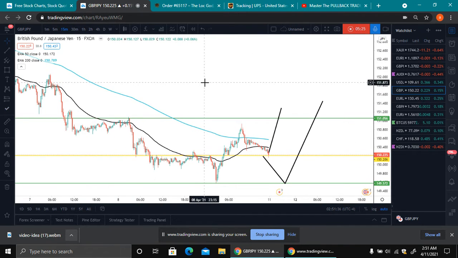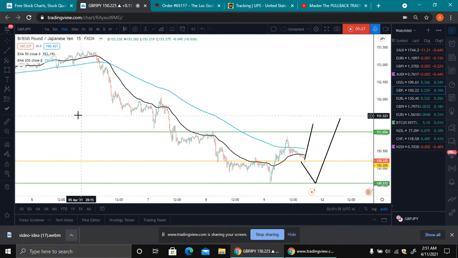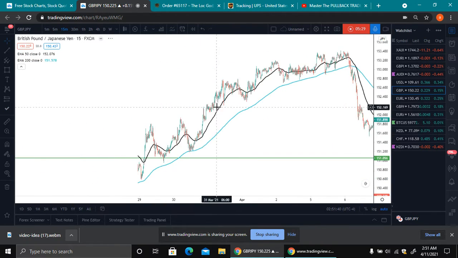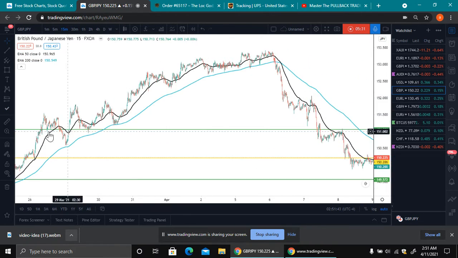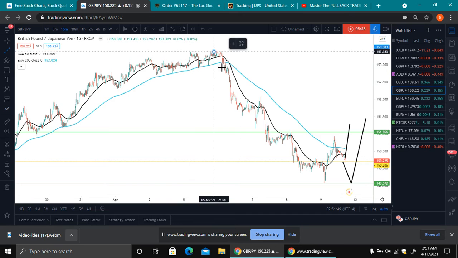One thing I know about price is that if you look in the past, we knew that price already took this shot up. Price always has to come back down and collect what it shot up. Always. Even if it has to pull back down, it has to.